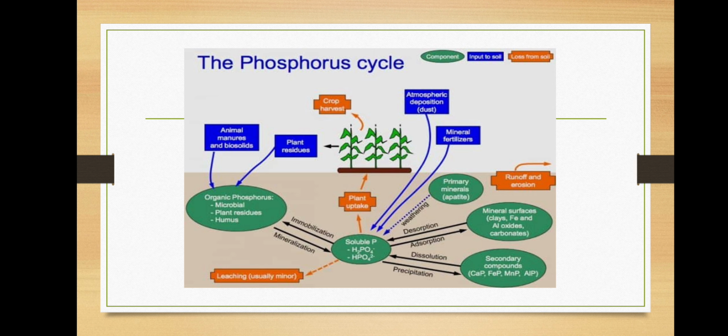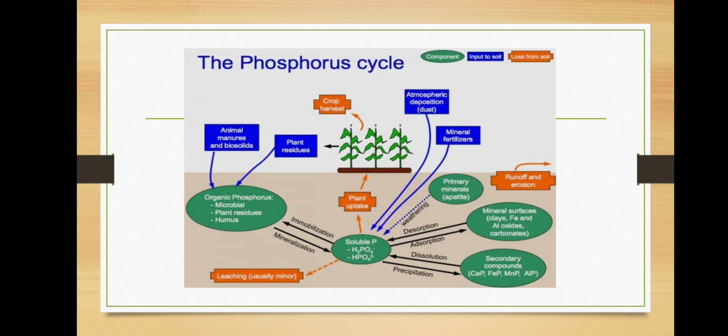When we see the primary minerals, apatite and rock phosphate, they add soluble phosphorus to the soil by the weathering process. And on the secondary mineral surfaces, clays and iron oxides, all contain some phosphorus attached to the surface.